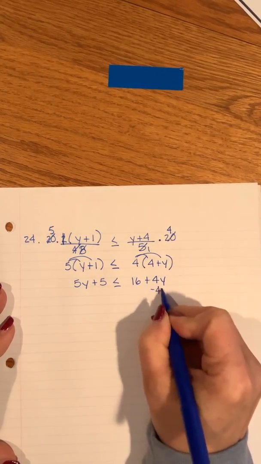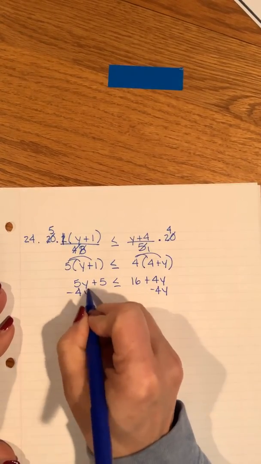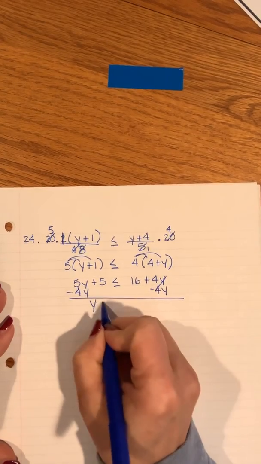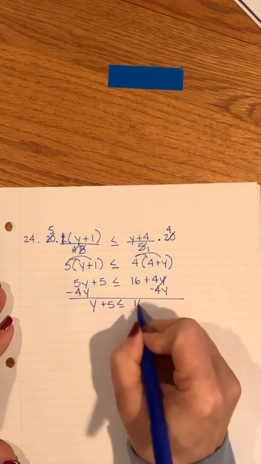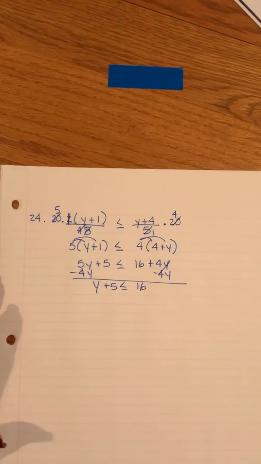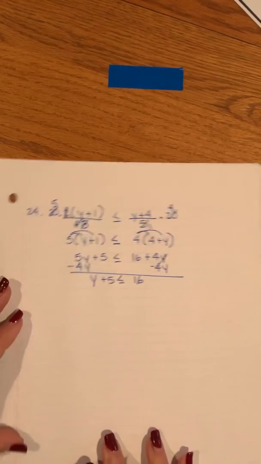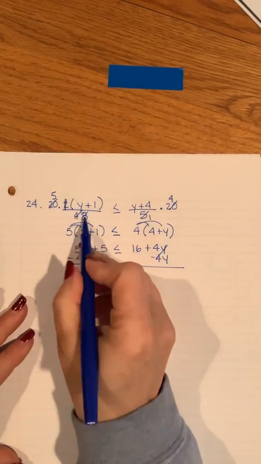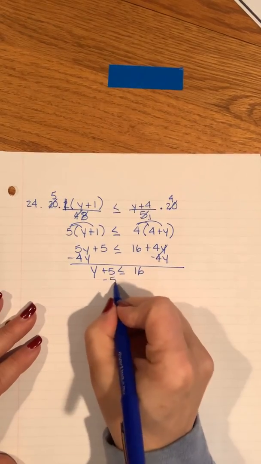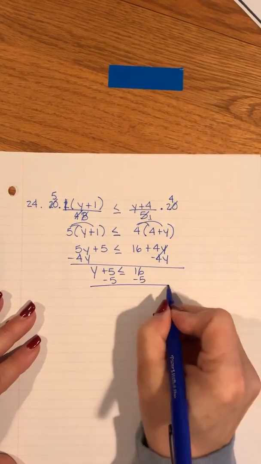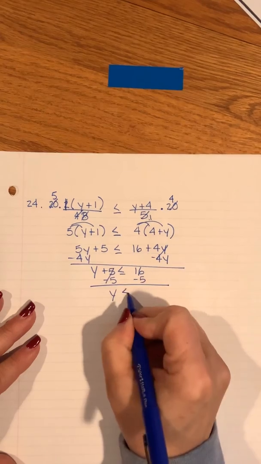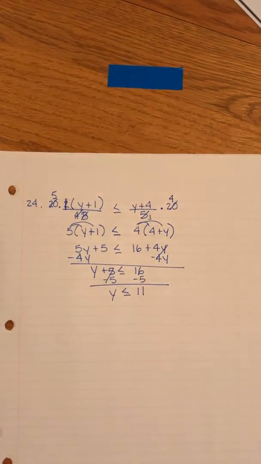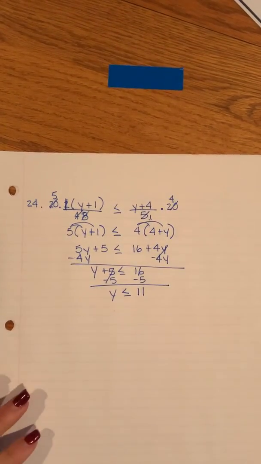I'm going to minus 4y on both sides. I get y plus 5 is less than or equal to 16. This one's pretty easy once I get rid of those bottom numbers up here, those denominators. I'm going to minus 5 on both sides. Y is less than or equal to 11.